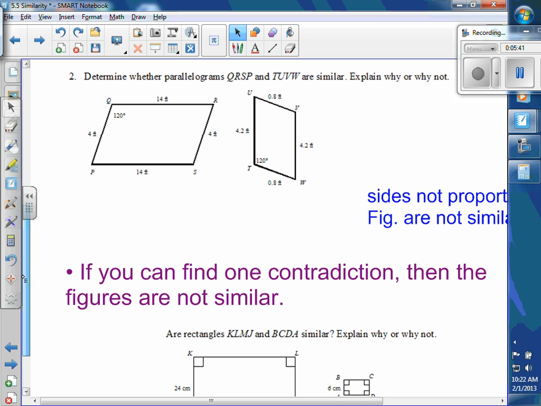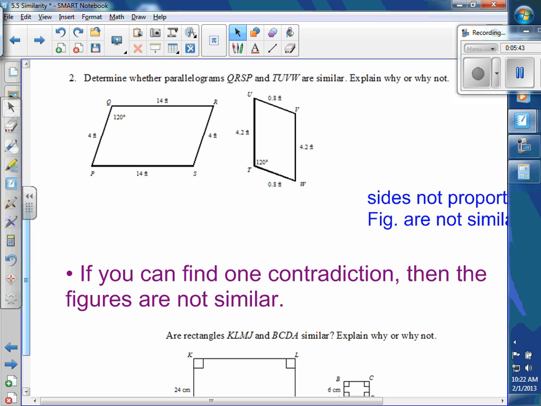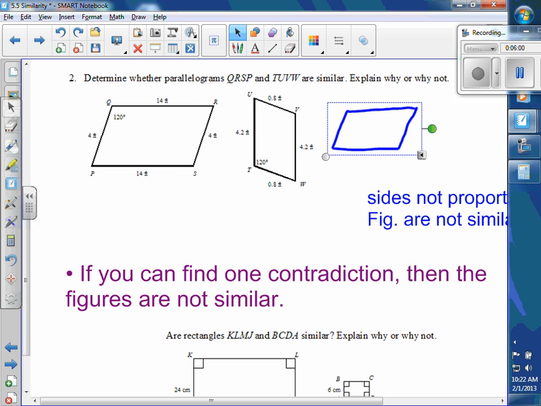On this one, because they're oriented in a rotation, you want to imagine this parallelogram positioned the same, right? But you have to make sure that's what the letters say.